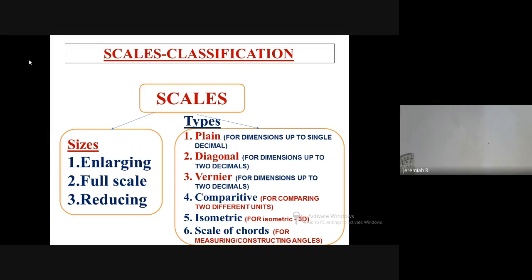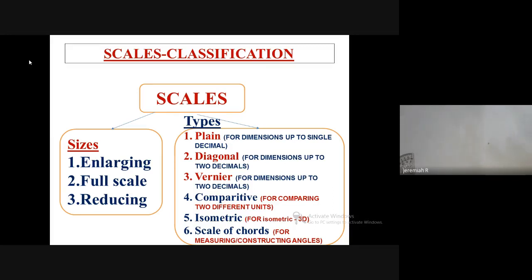If it is a plain scale, you can measure up to single decimal, maybe 3.4 meter. If it is a diagonal scale, you can measure 2 decimals, maybe 15.26, something like that. Vernier also you can measure 2 decimals.